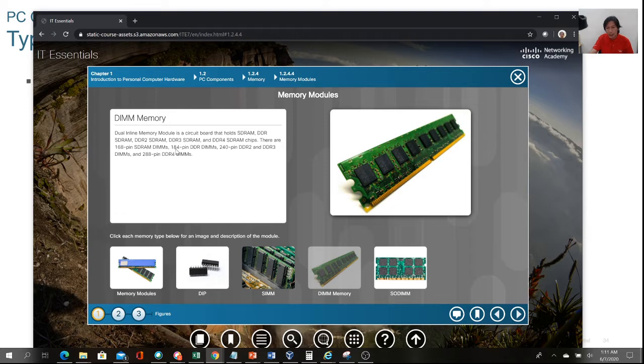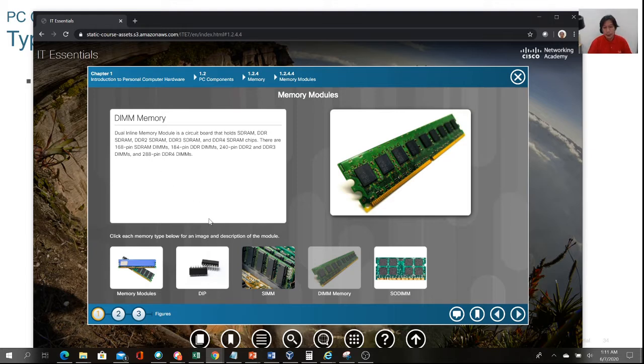We have 184 pins for DDR, 240 pins for DDR2, and DDR3, and 288 pins for DDR4 DIMM. Nowadays, since early 2019, they have already launched DDR5, but it's not yet very familiar in the market. Sooner, you will be hearing about DDR5.